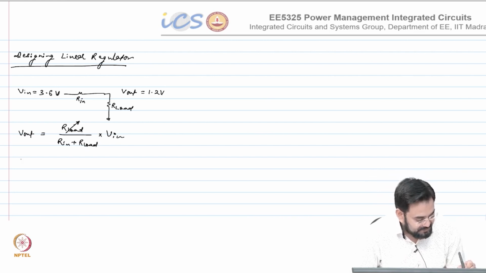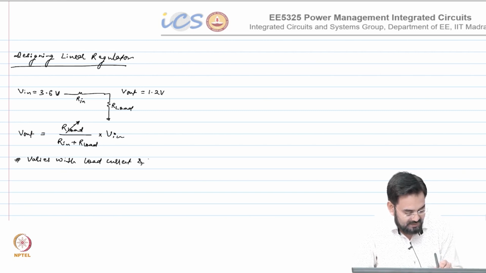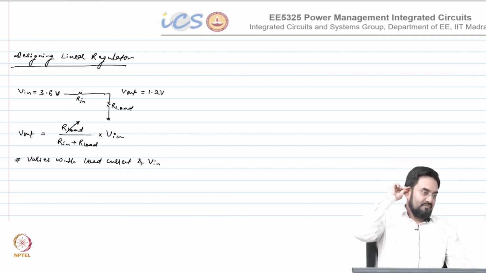So V out varies with load current and V in also. Correct.